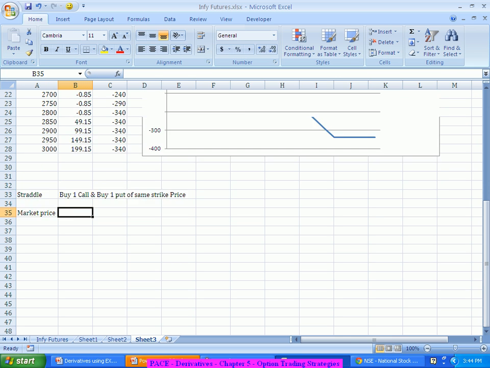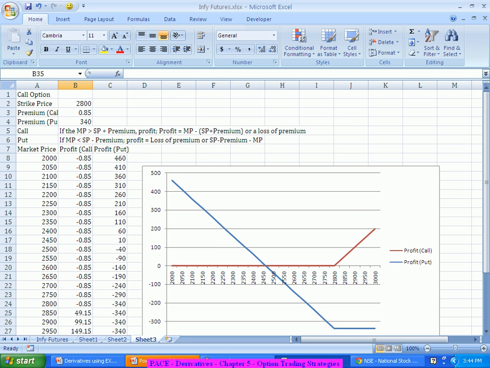In a simple way, individually this is one call, this is one put, so my combined profit will be the addition of these two numbers. If I had bought one call and one put of the same strike price, then I know what is going to be my profit or my loss.